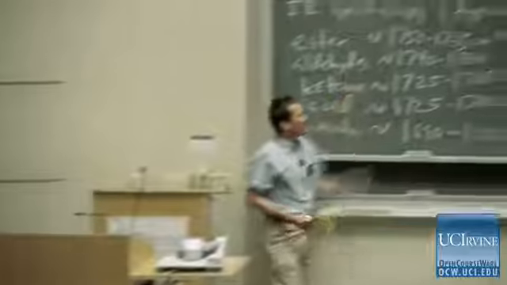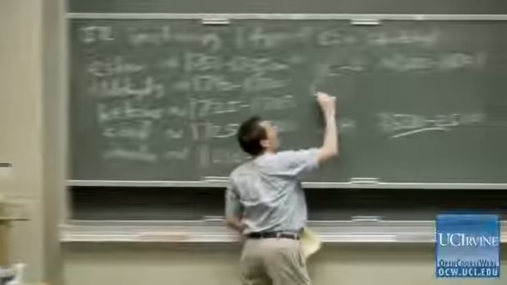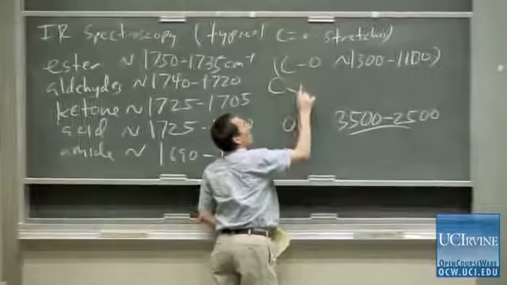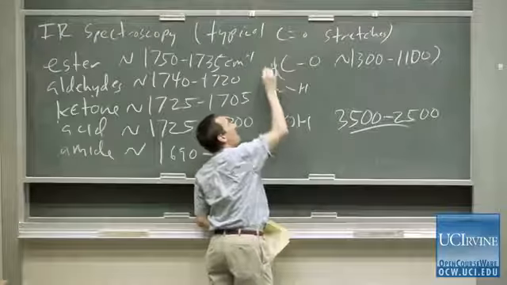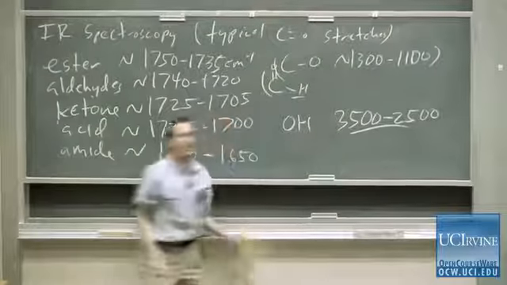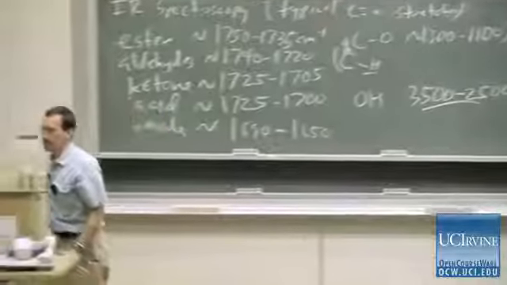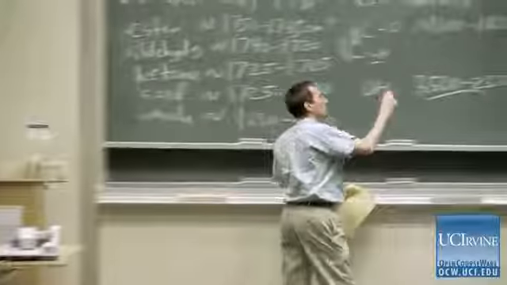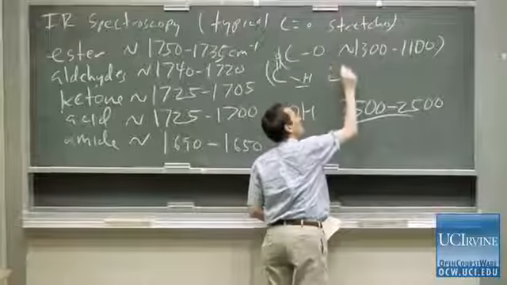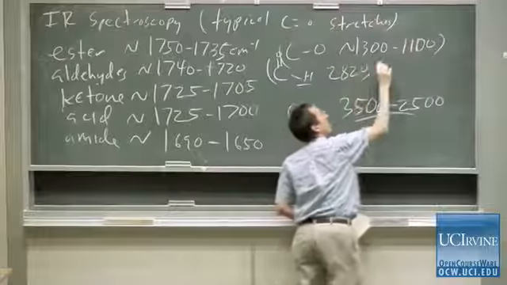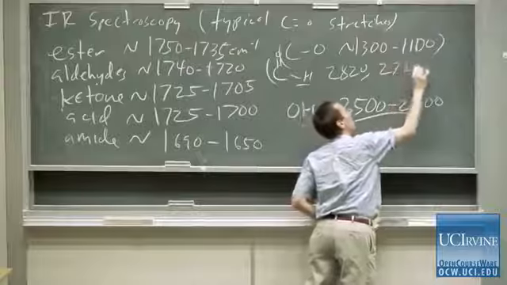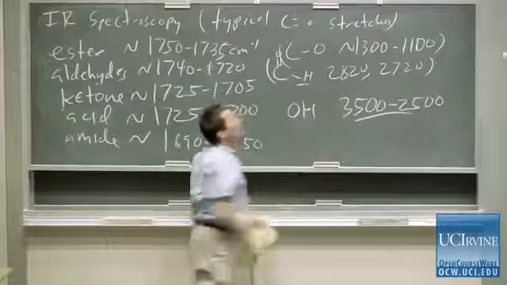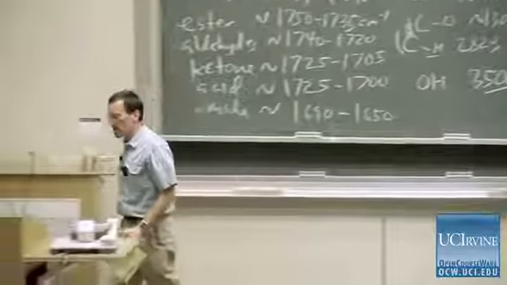Aldehydes also have little hints. For example, the aldehyde hydrogen gives you a couple of bands from the CH stretch. The CH stretch typically shows right at the lower edge of the CH stretching region, about 2820 and 2720, a couple of bands associated with it.